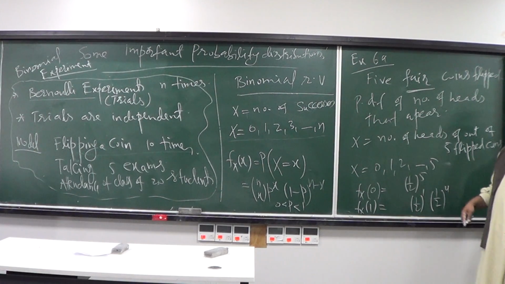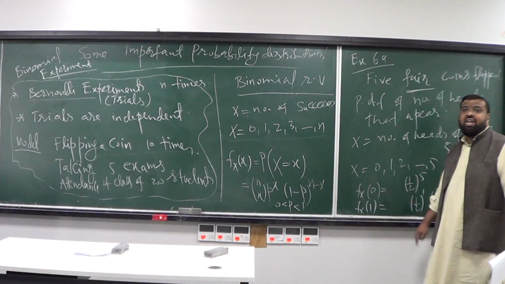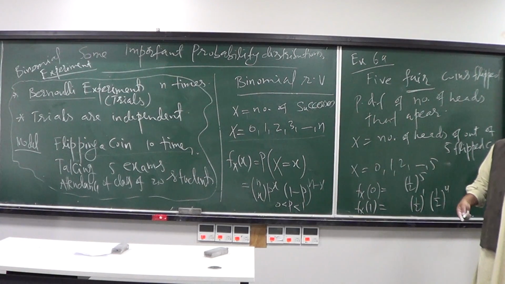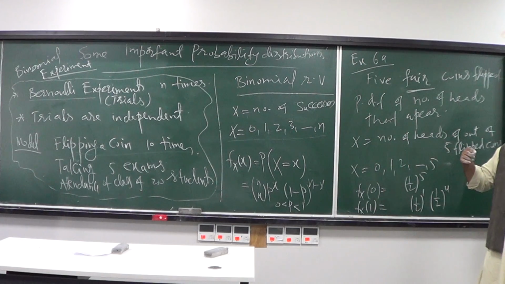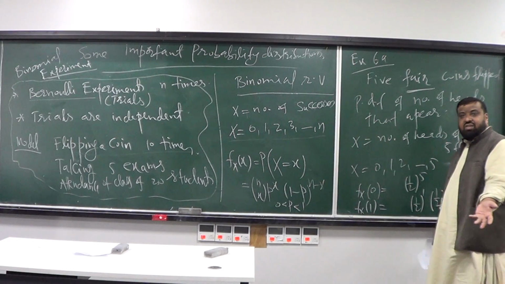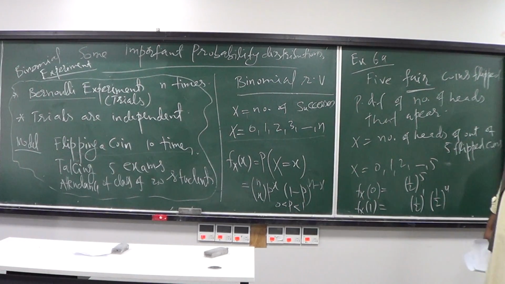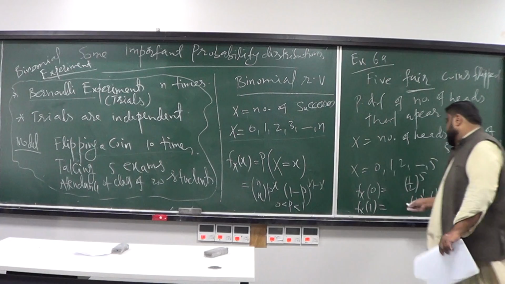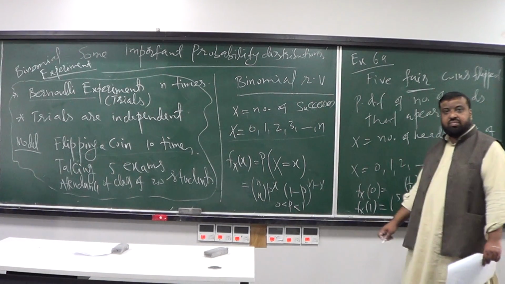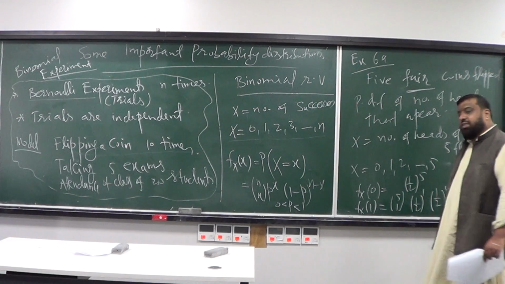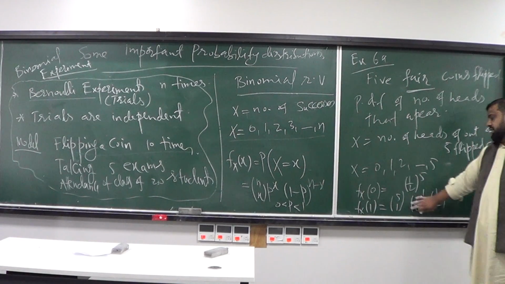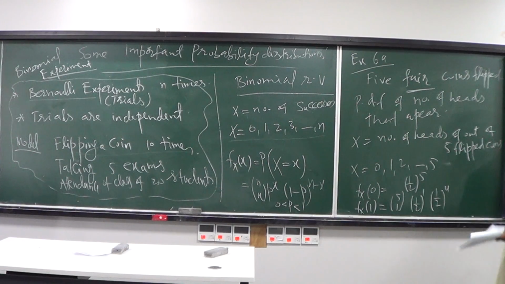But as I said previously, you also have to take into consideration that you have 1 head, but on which flip of the coin you get the head. Maybe you get head on the first flip, or the second, or third, or fifth flip. So out of 5 places, at 1 place you get a head. This is really the PDF of it.